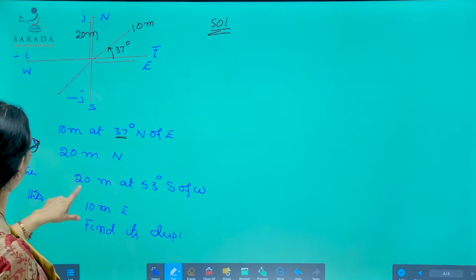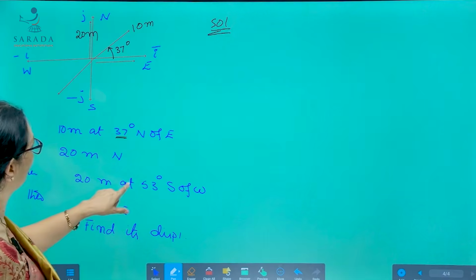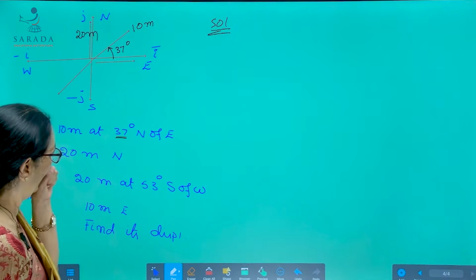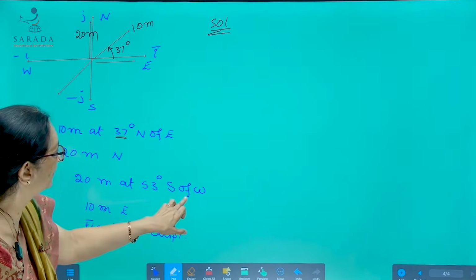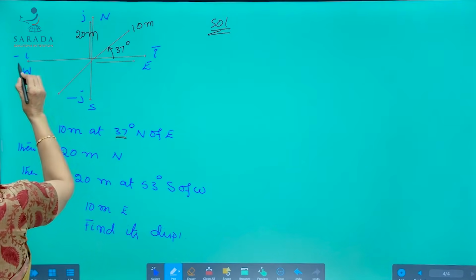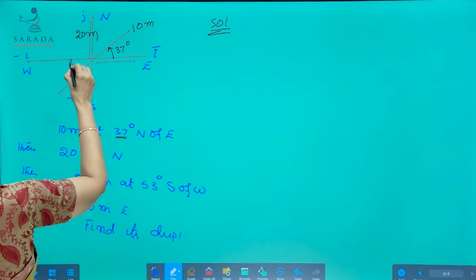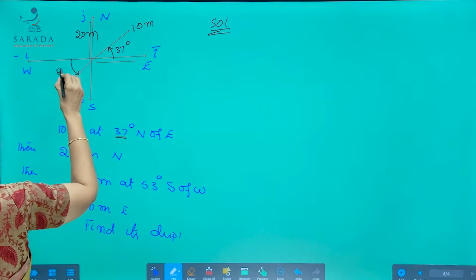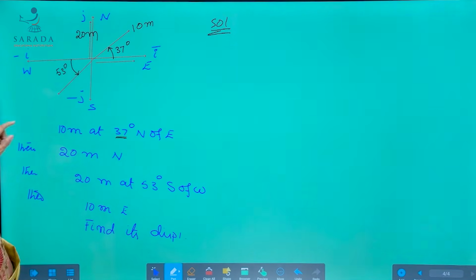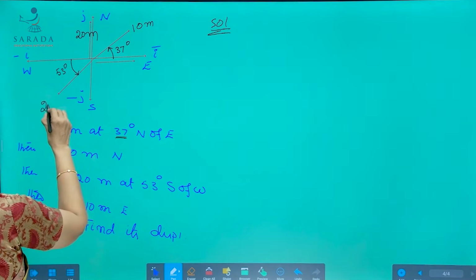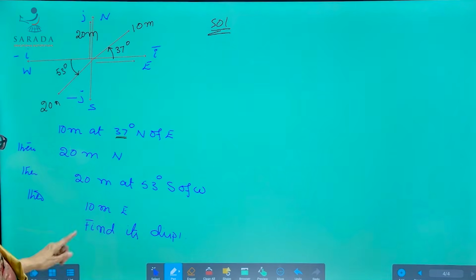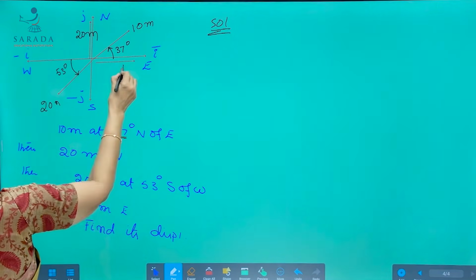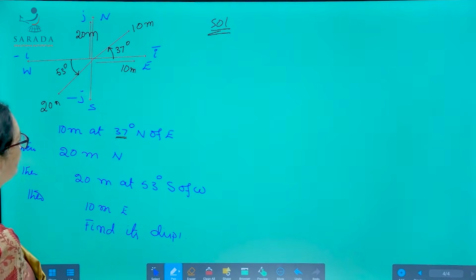And then it moved through a distance 20 meters at 53 degrees south of west. So this is west. Starting from west, turn through an angle 53 degrees south. So this is 53 degrees south of west and its displacement is 20 meters. Then 10 meters east.